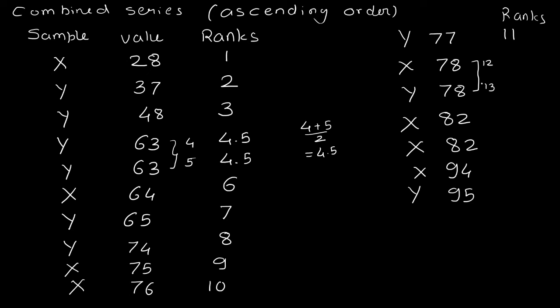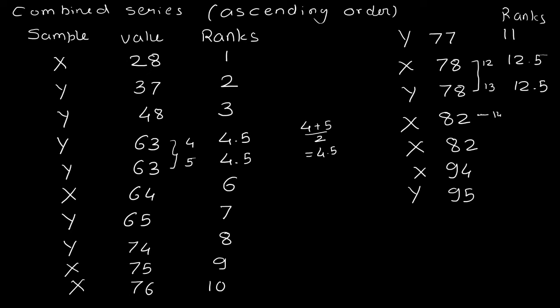And now since there is a tie, I will take an average of these two, that is 12 plus 13 divided by 2, the average of this, that is 12.5. So I will allot 12.5 to this, I will allot 12.5 to this. Now 12 and 13 are gone. Next rank is 14.